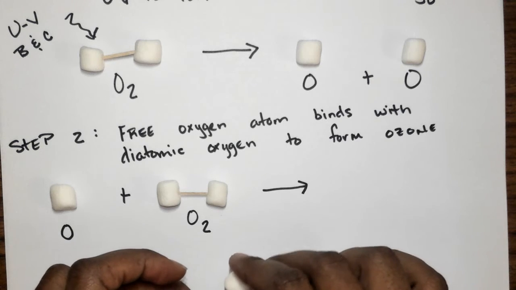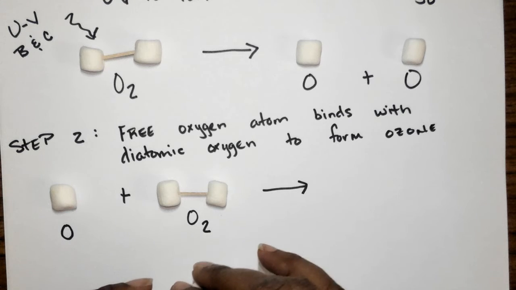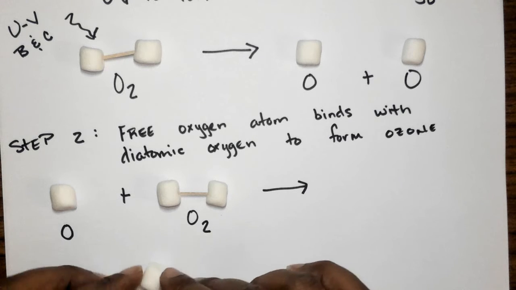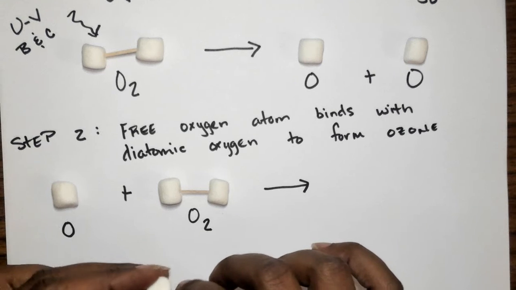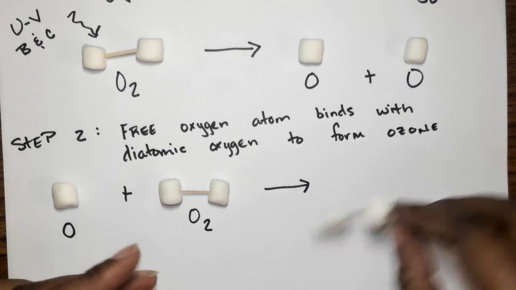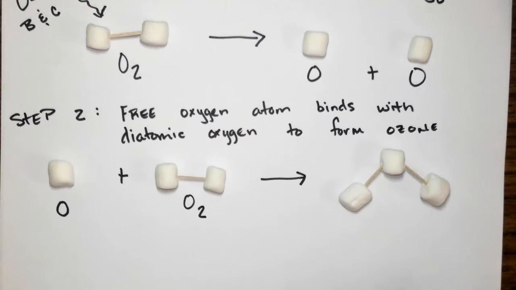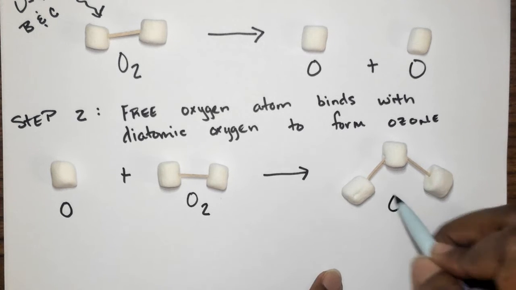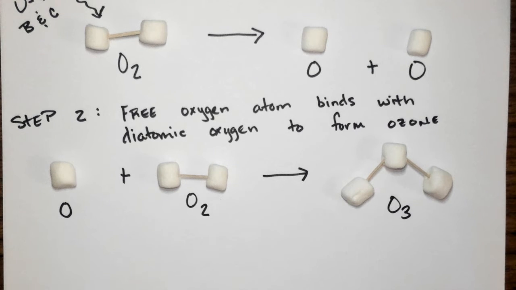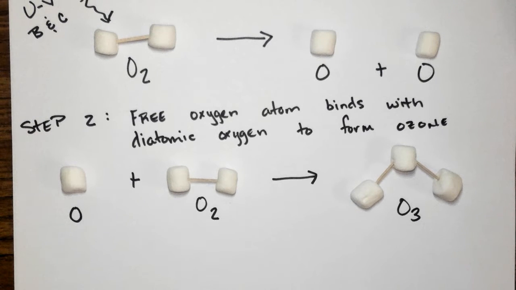We call it triangular planar, but that was from chemistry. So I don't want to confuse you since it's been a good minute since chemistry. And so ozone kind of looks like that. Okay, so finally now in my ozone layer, I now have O3.